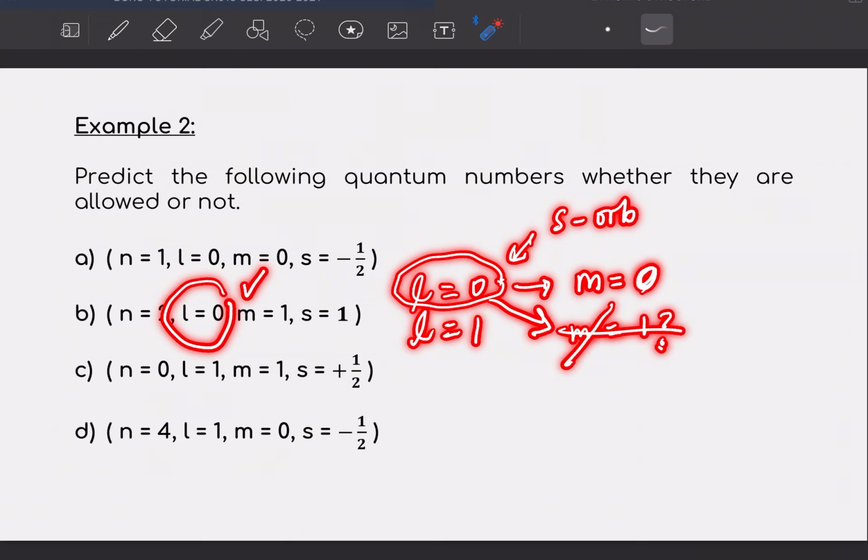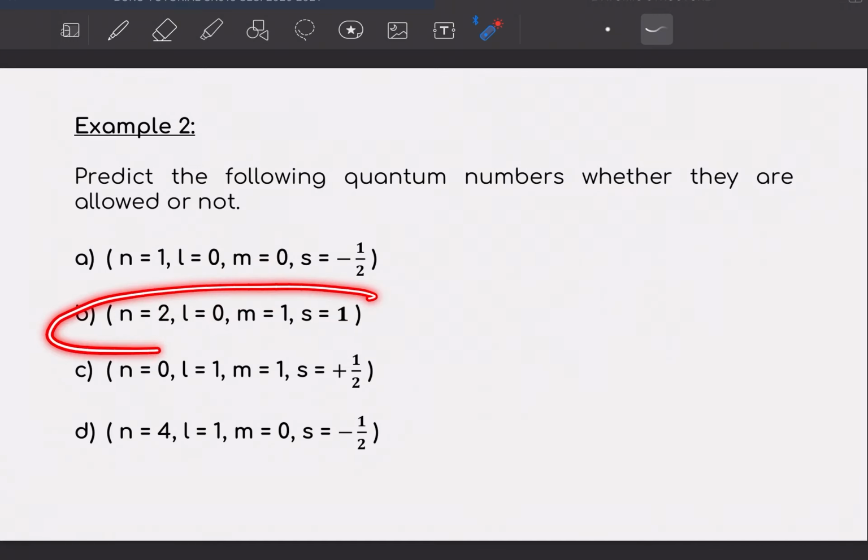This is not allowed. Okay, s orbital ada satu je orientation, m equals 0. So that means that when L equals 0, the possible value of m is 0 only, and s ni betul tak? s can only be plus half or minus half. So this set of quantum numbers is not allowed.